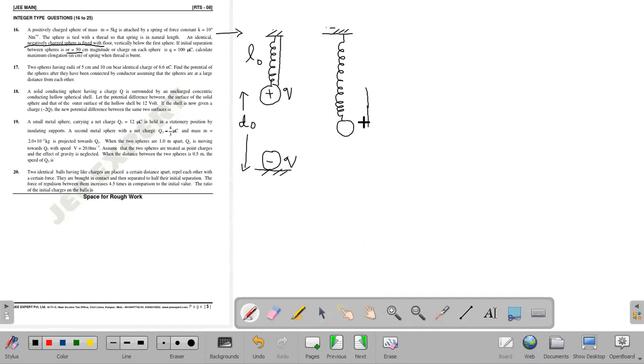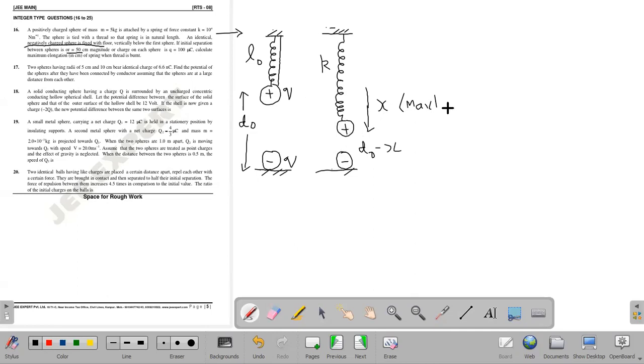Let this maximum elongation be x. At that maximum elongation, the separation between our two charges will be D naught minus x.